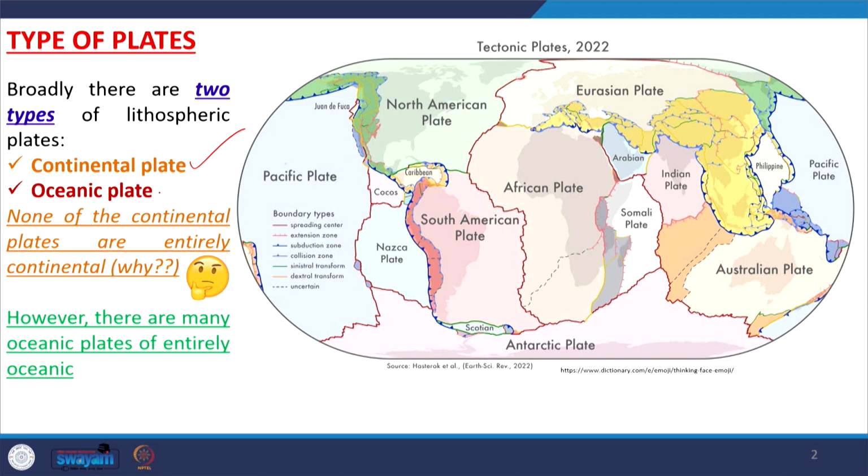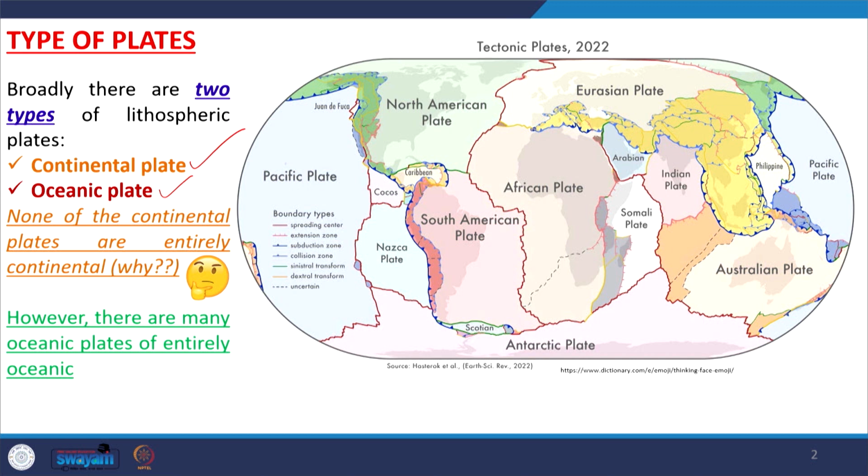Now, if you see types of plate, broadly there are two types of lithospheric plate. What are they? One is called continental plate, another is called oceanic plate. The name continental plate says that the maximum part of this plate is of continental nature.